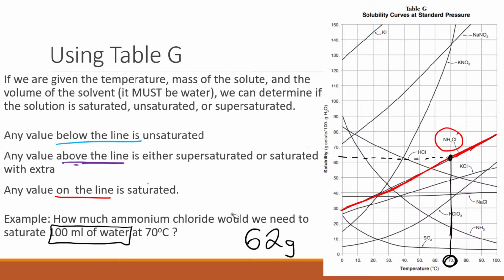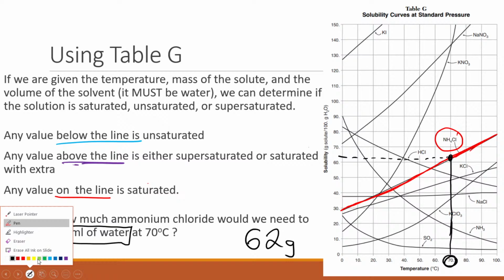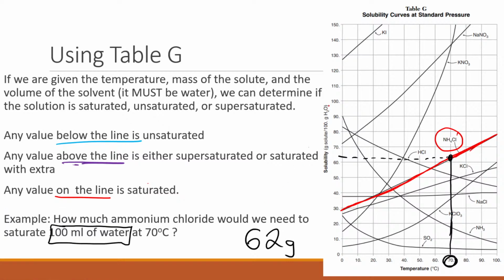The 100 milliliters of water is there specifically because of this little bit on the scale for the y-axis. The y-axis numbers are grams of solute for every 100 milliliters of water.